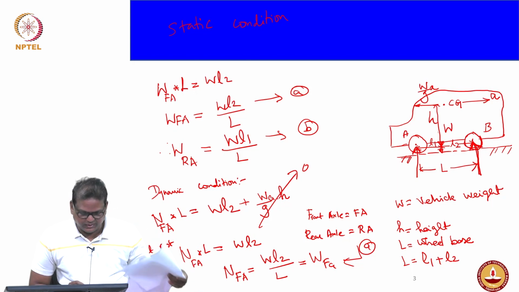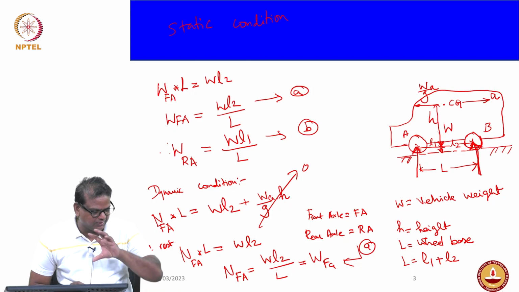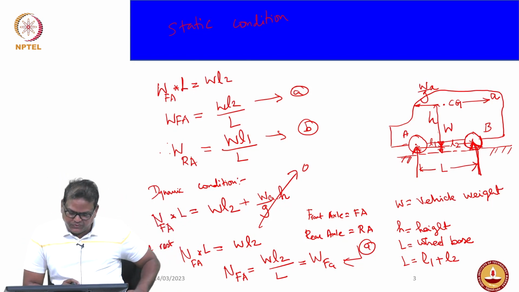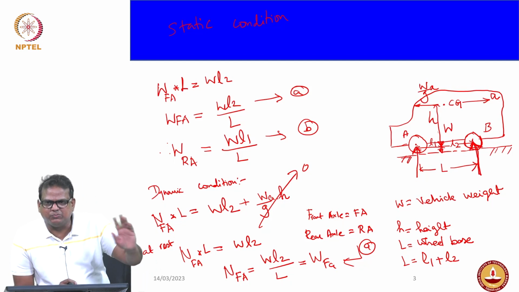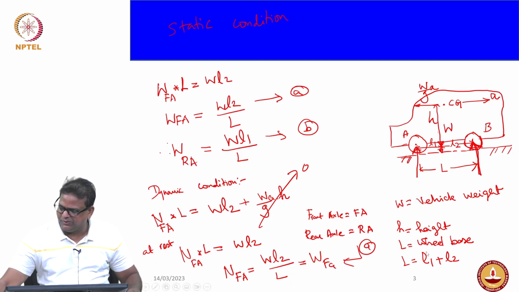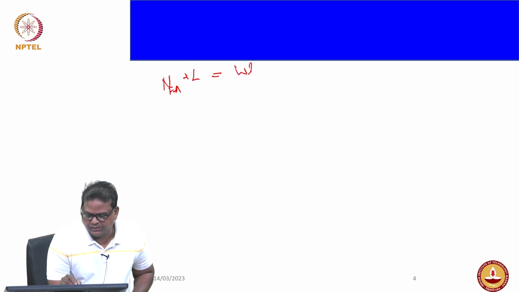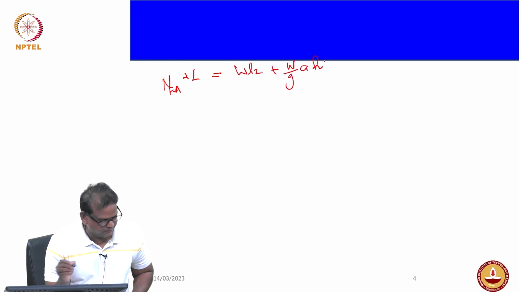So, just to understand what exactly is happening when the vehicle moves in a dynamic condition and when it takes rest. Now, we will proceed, assuming the vehicle is moving on the road. So, when you are moving, your NFA into L equal to WL2 plus W by G A H, that is clear, right.